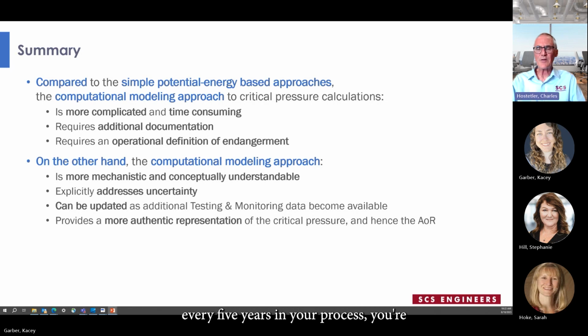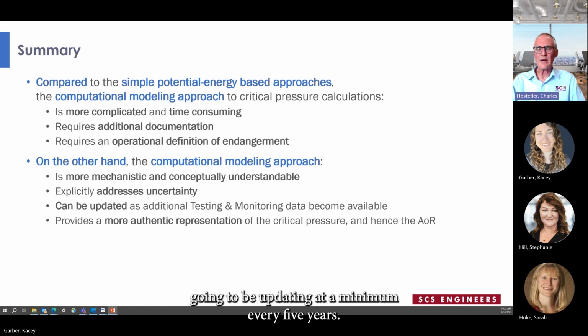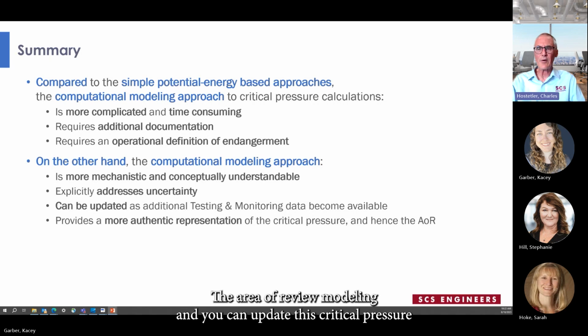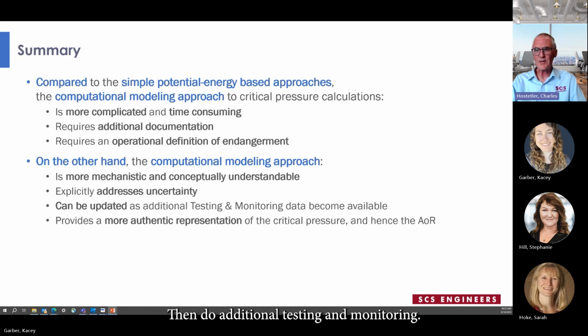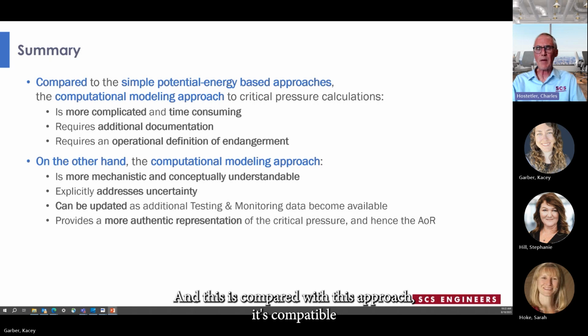Every 5 years in your process, you're going to be updating at a minimum the area of review modeling, and you can update this critical pressure model as well as additional testing and monitoring data become available. And so in using the iterative approach, this fits into the overall permit, feeding into AOR updates, then new additional testing and monitoring, and this approach is compatible with the overall permitting approach.